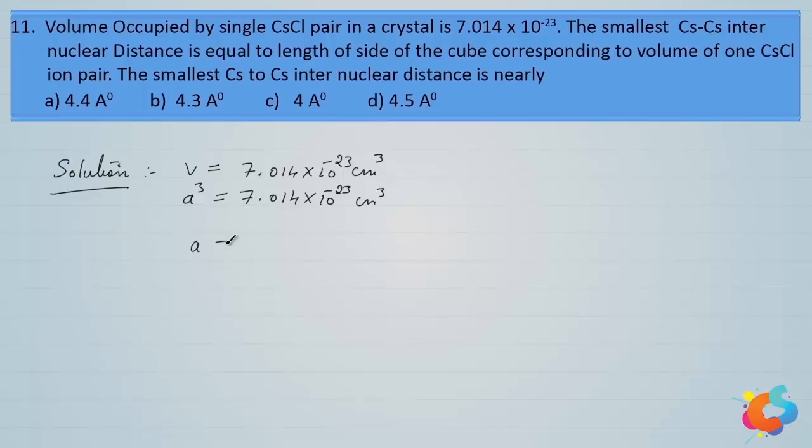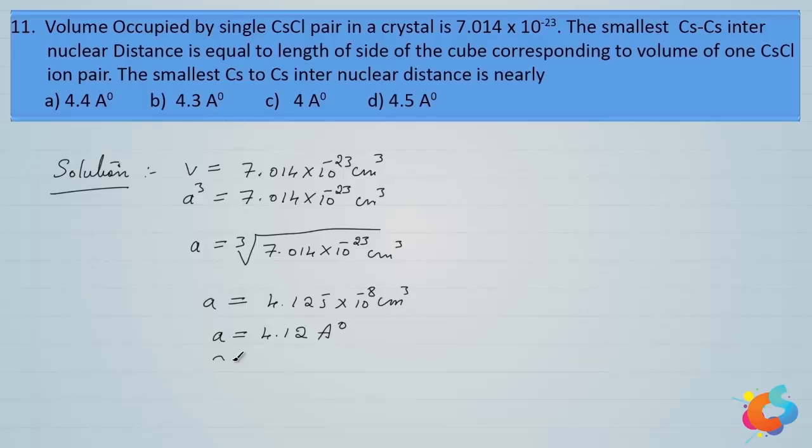By taking the cube root of this, we get the value of A as 4.125 into 10 to the power minus 8 cm, which is further simplified to 4.12 angstrom, which can be approximated as 4 angstrom, and hence the given option is option C.